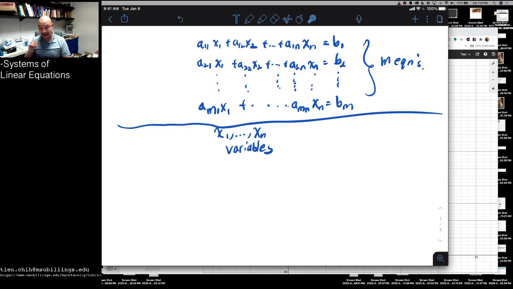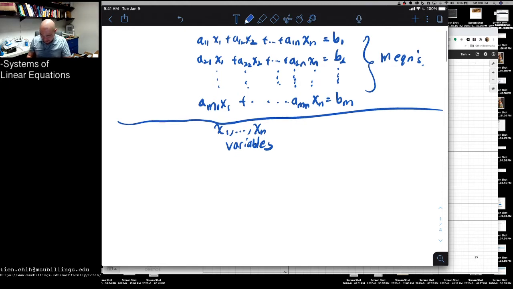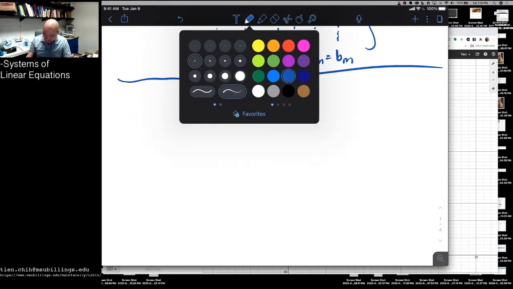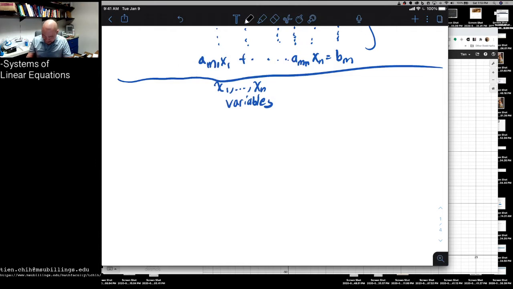Now this is the most abstract and general way to express this. Maybe it's easier to talk about this with some sort of concrete example.